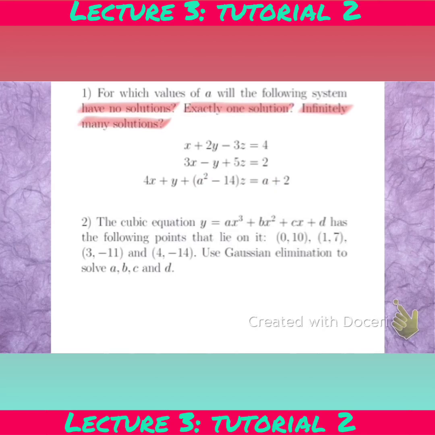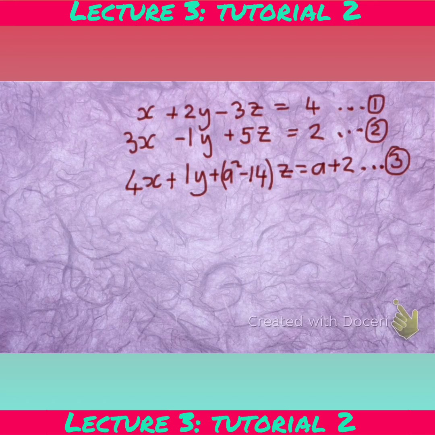Right, so we can do this with Gaussian elimination. So let's write down the system and find its augmented matrix. There you've got your system, and the next step is to write down the augmented matrix.